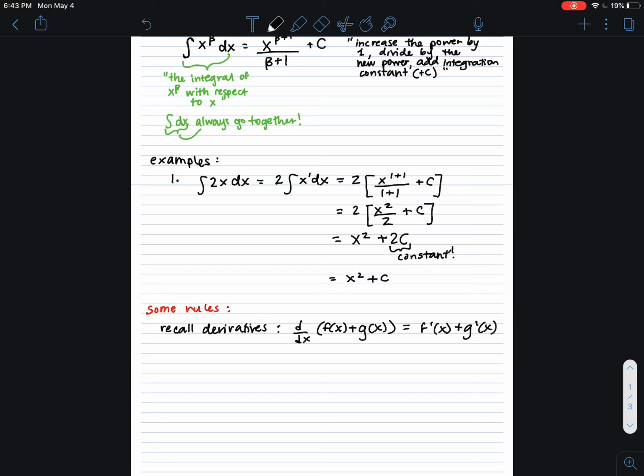And the same is true for the integral. That is, if we take the integral of f of x plus g of x with respect to x, that's equal to the integral of f of x with respect to x plus the integral of g of x with respect to x. Okay?